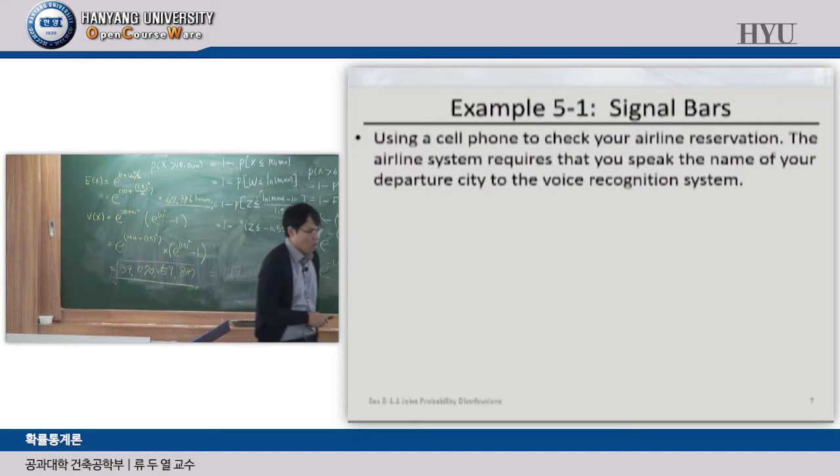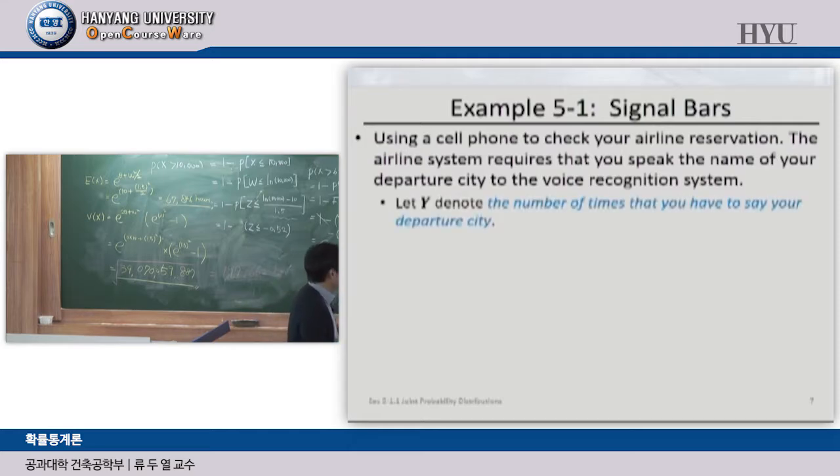Using a cell phone to check your airline reservation, the airline system requires that you speak the name of your departure city to the voice recognition system. Okay? And in this case, let y denote the number of times that you have to say your departure city to the voice recognition system.